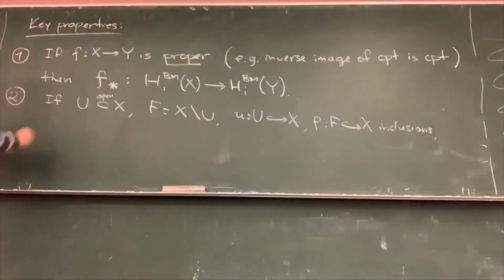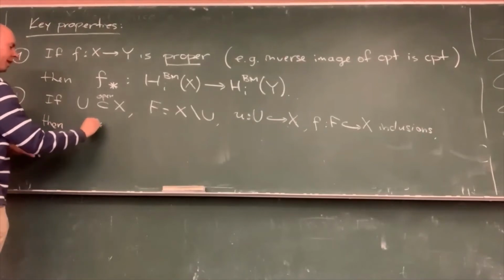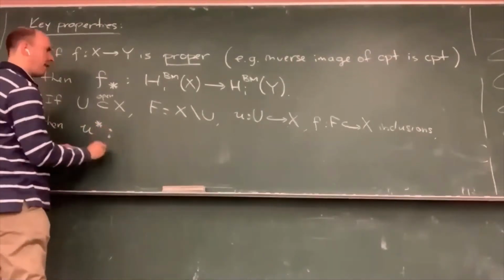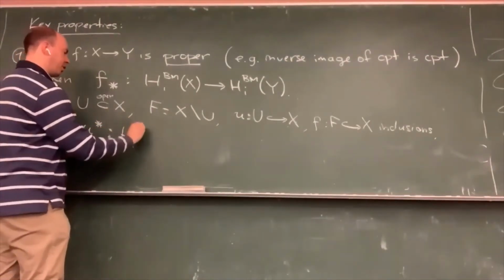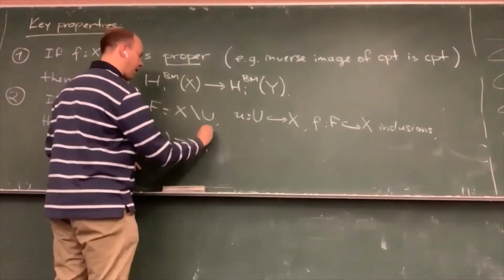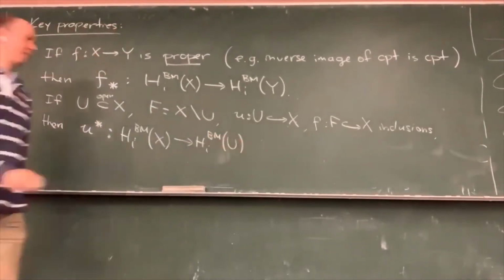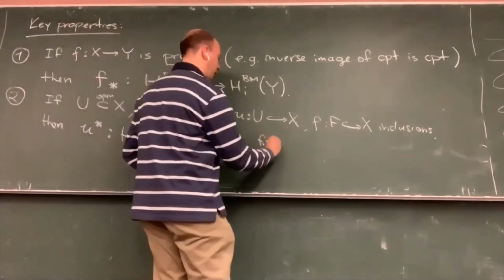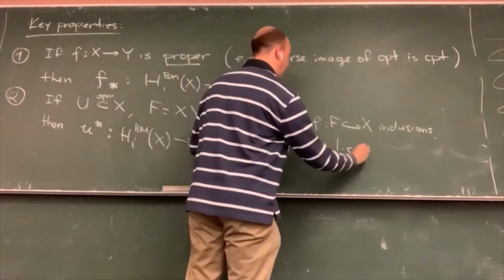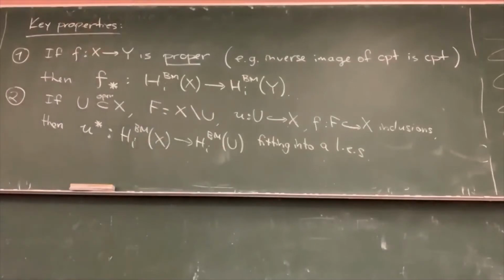Then you do get a pullback to an open subset. So a map, degree preserving linear map from the Borel-Moore homology of X to that of U. And moreover, this fits into a long exact sequence. And I can never remember which side is which.